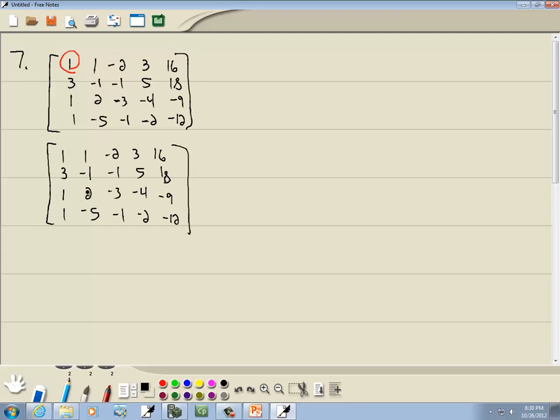Okay, let me double check signs. 3, negative 1, 5, 18, negative 9, negative 4, negative 3, 2, 1, 1, negative 5, negative 1, negative 2, and negative 12. Okay, so we got a 1 in this position. Then you get zeros below it. So that's what we're going to be working on.